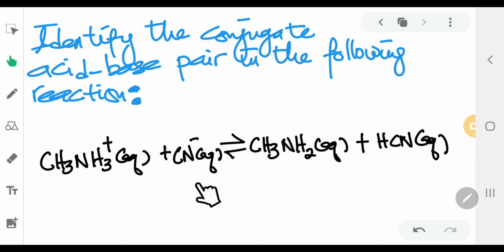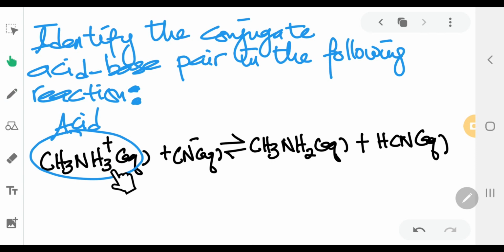When you move to the other side of the reaction, CH3NH2 aqueous looks very similar to CH3NH3 plus, but this species over here has fewer number of H. Therefore, I can conclude that this one is your acid because it will donate one of the H to your CN minus.